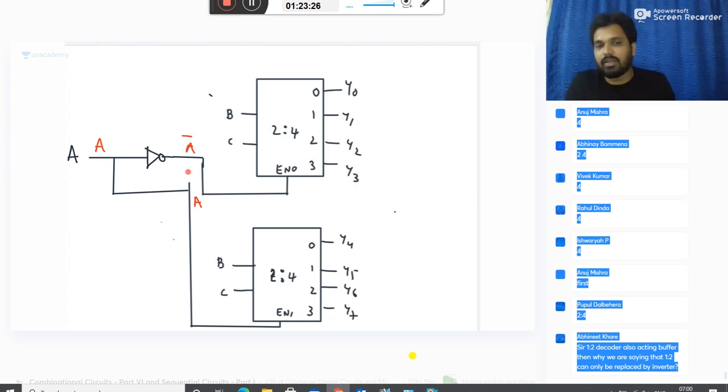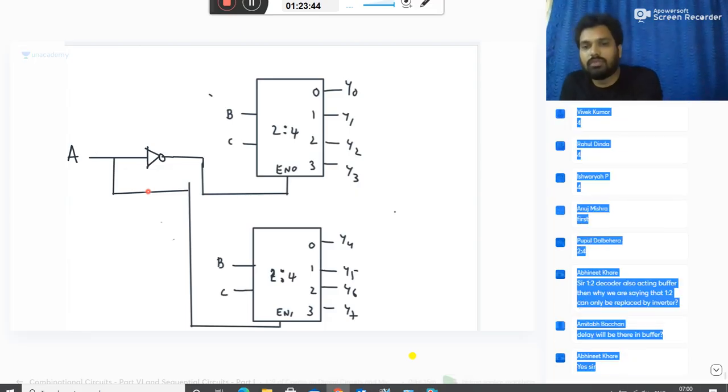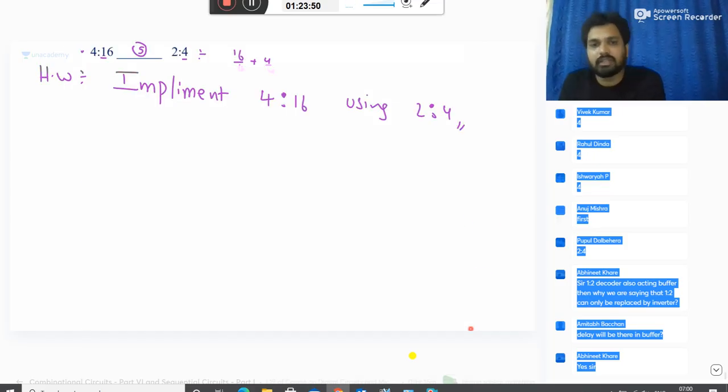Both are available here. So buffer is a different case where your output is same as the input. Here also it is doing the same job, but no circuit is explicitly available. Is it clear, Abhinit? Yes, depending on the implementation, delay will be there, or input impedance, so many different cases are there.